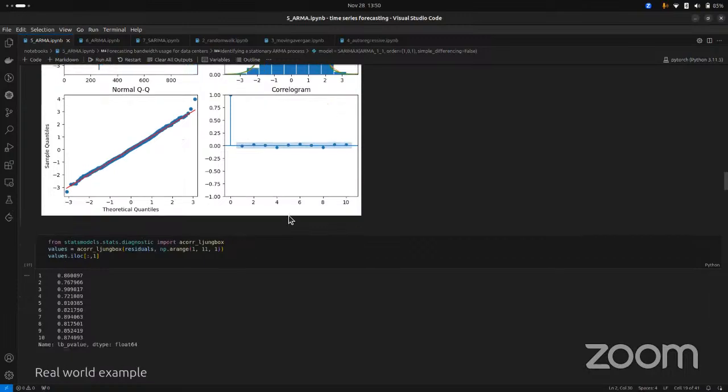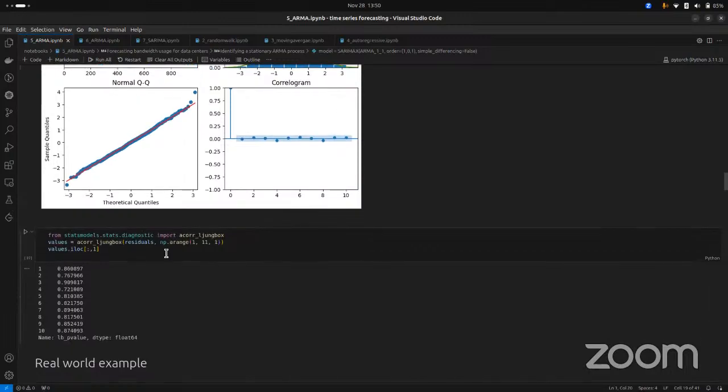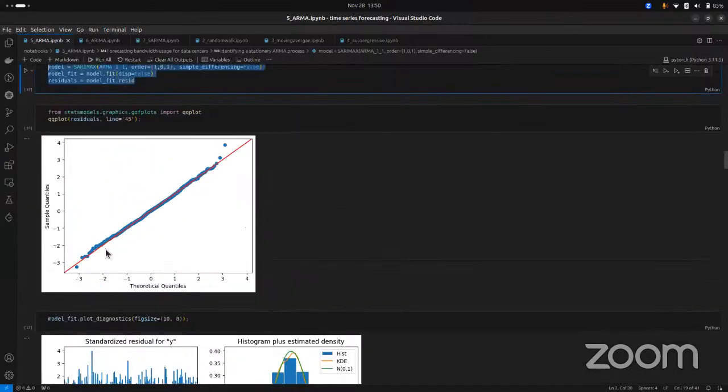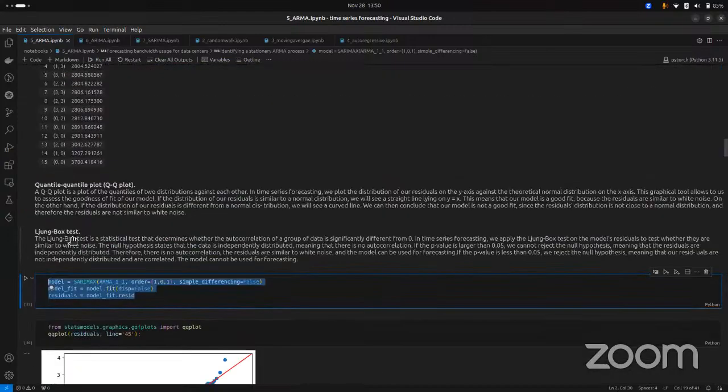So if you also run the Ljung-Box test with the residuals, we see that all of the values here are greater than 0.05. Let me go back to what it says. The Ljung-Box test is the statistical test that determines whether the autocorrelation of a group of data is significantly different from zero. If you apply it on model residuals, it's to test whether they are similar to white noise.